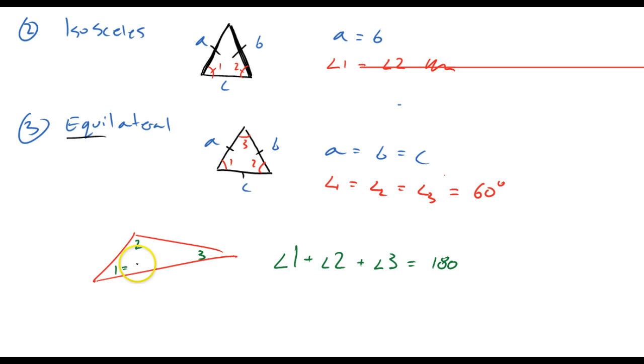For example, if angle 1 is 30 degrees and angle 3 is 40 degrees, and we're looking for the second one, as long as they add up to 180, which they always do, we can use some algebra to quickly calculate that angle 2 is going to equal 110 degrees.